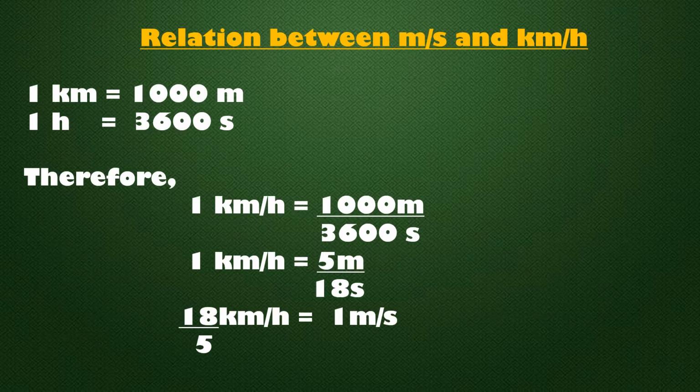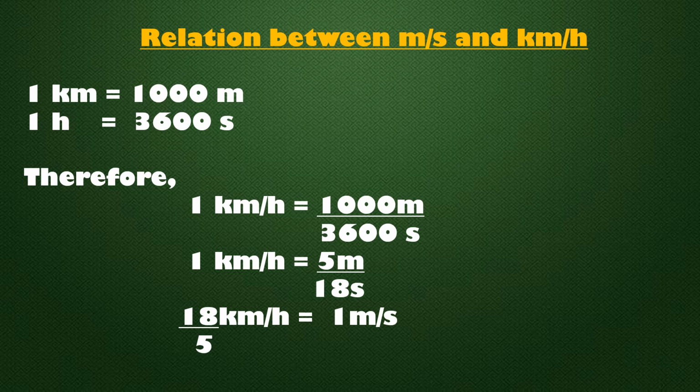Let us study the relation between the two units for measuring speed, that is, meter per second and kilometer per hour. We know that 1 kilometer is equal to 1000 meter and 1 hour is equal to 3600 seconds.